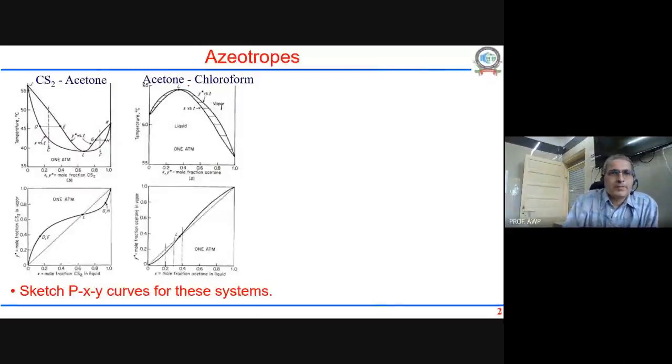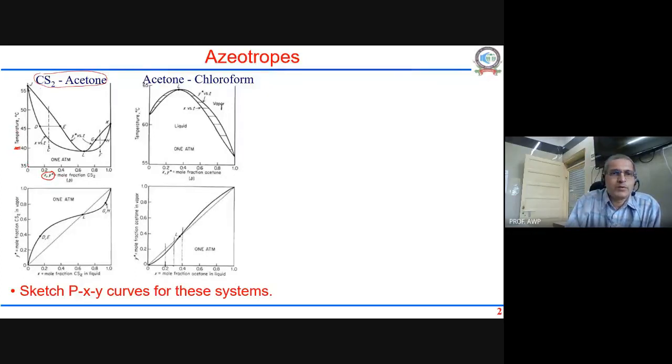So let's look at one of these. Let's say we have a system of carbon disulfide and acetone. The vapor liquid equilibrium in terms of T and xy looks like this.